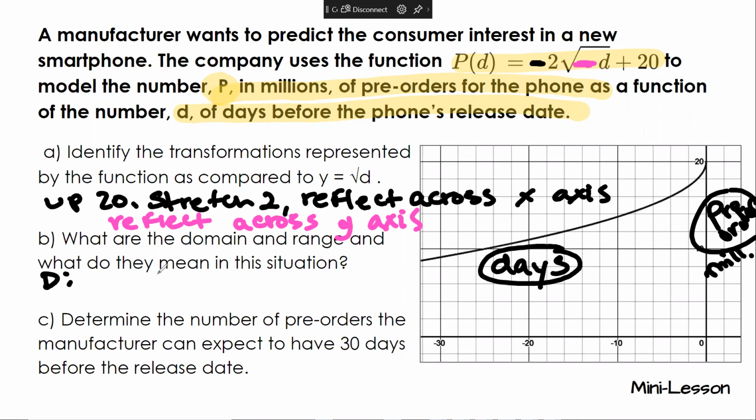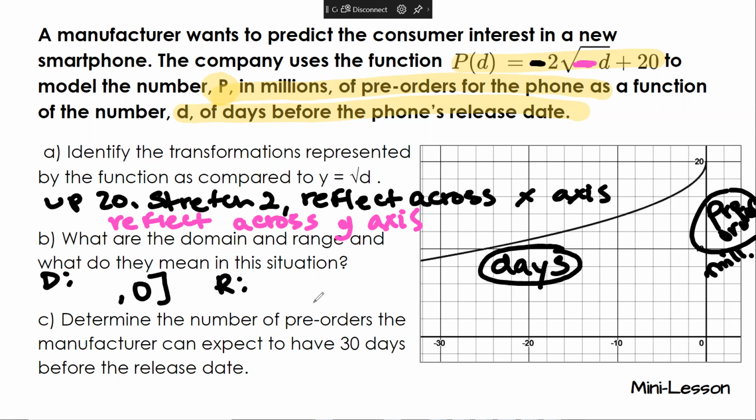Okay, so we know that 0 is going to be the end of those release dates. Like that's going to be the day that it releases, right? Now we're going to look at how far to the left does it go? So the number of days prior to that. But first we're going to look at the range to help us with that.